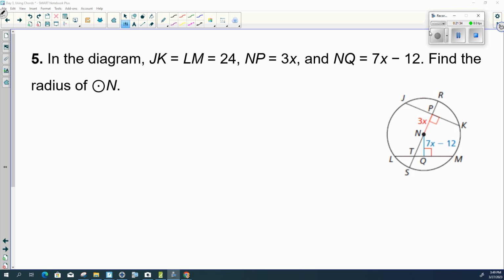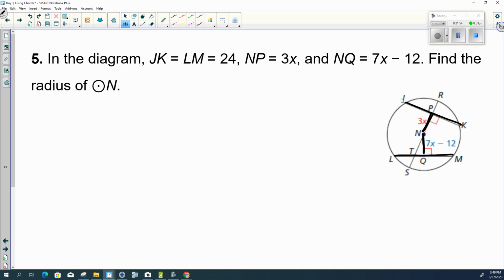So in the diagram, JK is equal to LM. Looking back at those theorems that we just read about, if you've got two congruent chords, then the distance of those chords straight to the center, this one here and this one here, are congruent.